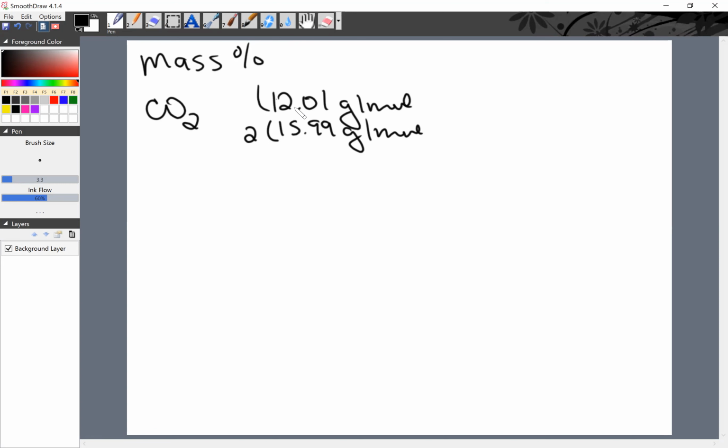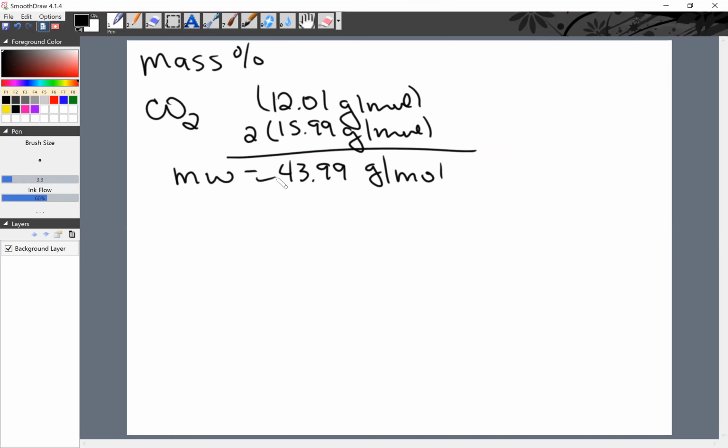So together, its weight is 43.99 roughly. Okay, so that's its molecular weight.